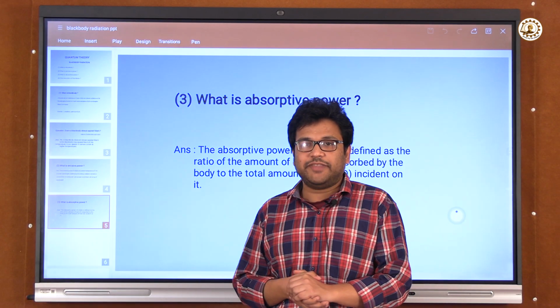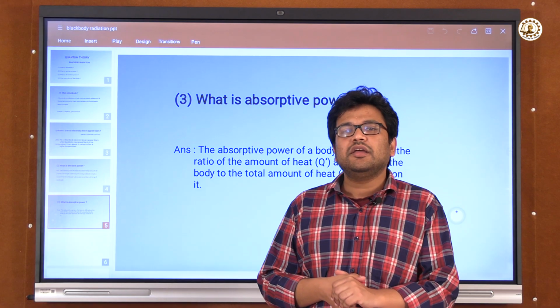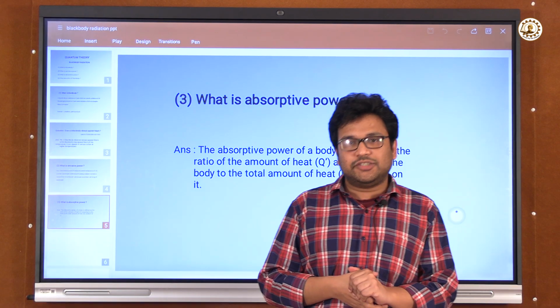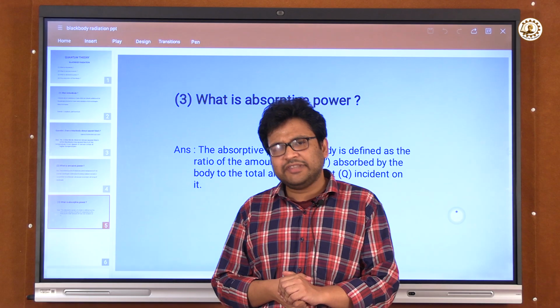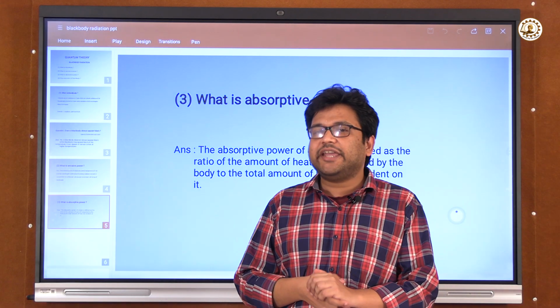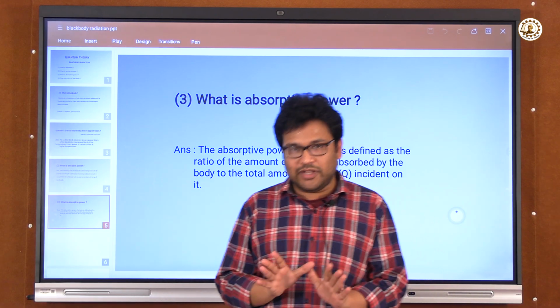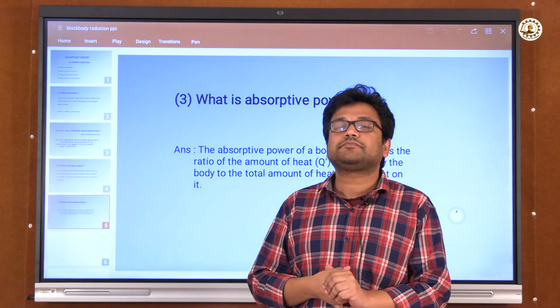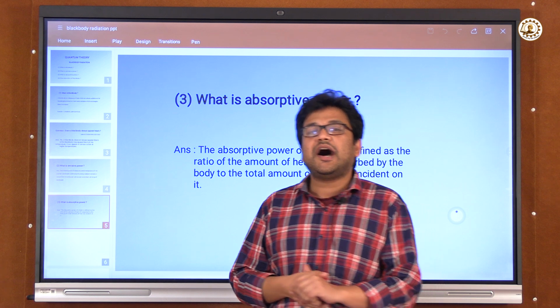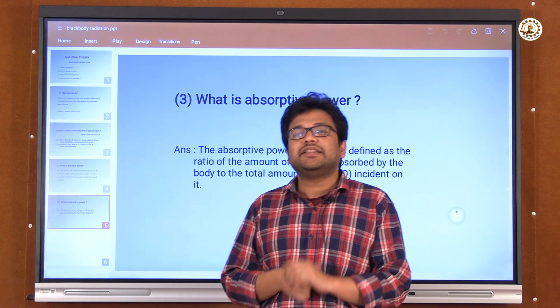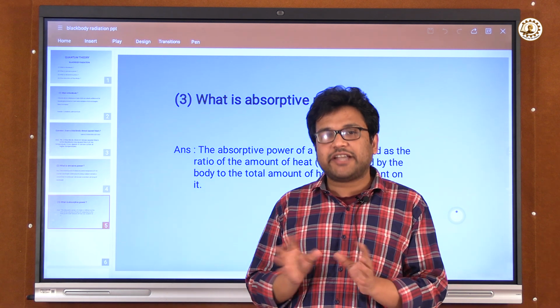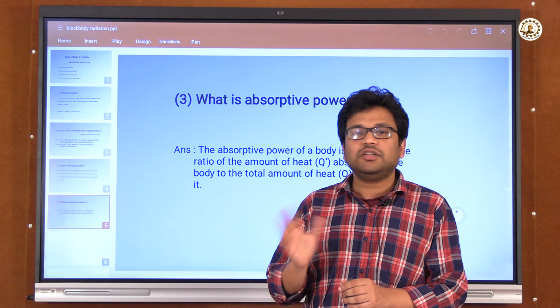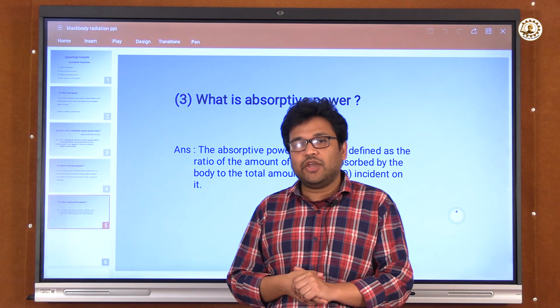The second point is that black body radiations are isotropic in nature. That means they can propagate in all possible directions equally. The third point is that black body radiations are homogeneous. That means the amount of energy spread over all the directions is equal in value.